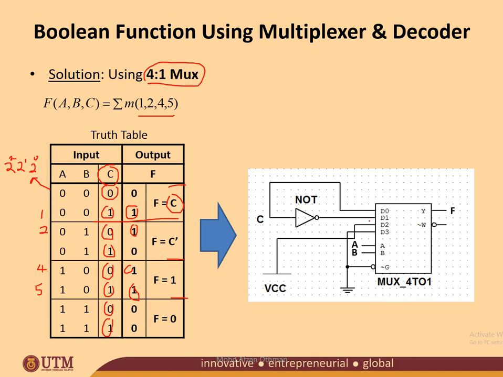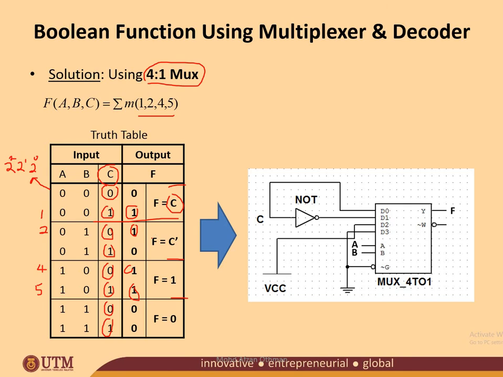You now see that F here will be following C for the first combination. You see F and C are the same: 0, 0, 1, 1. How about this second possible combination?